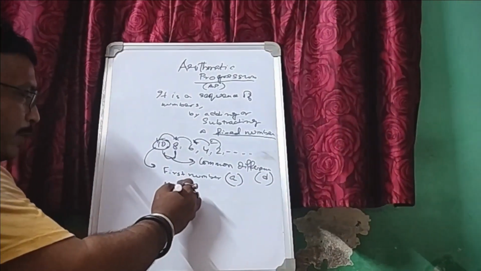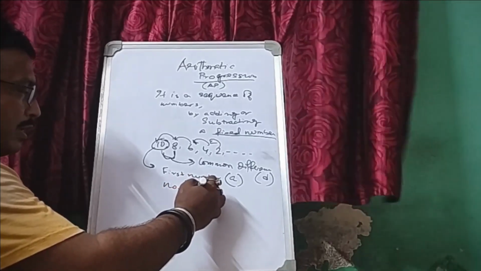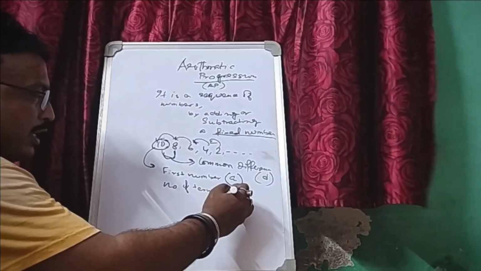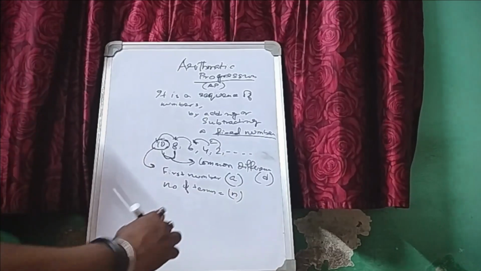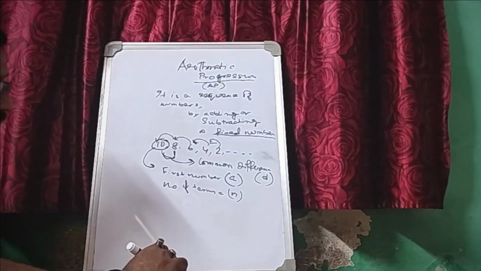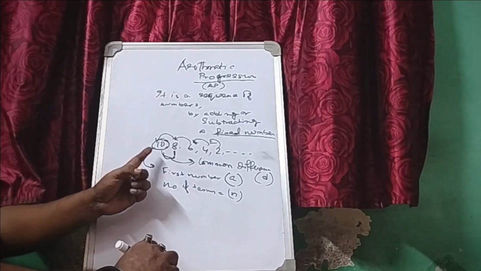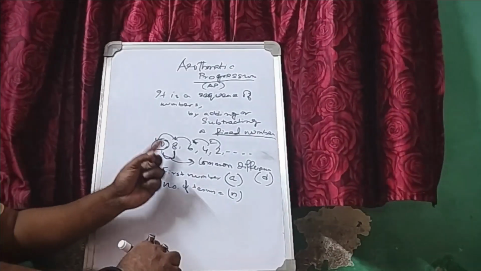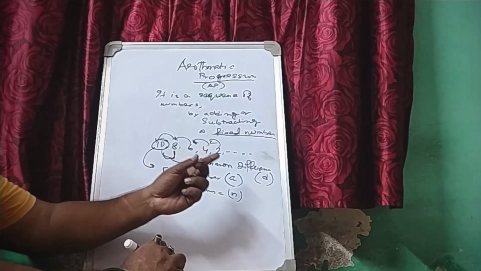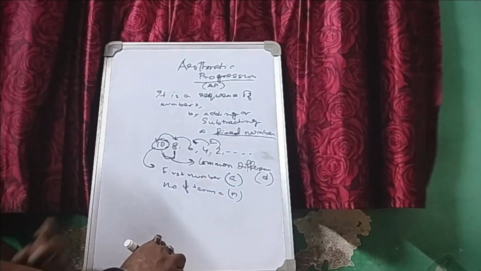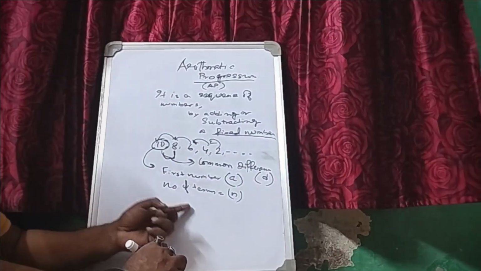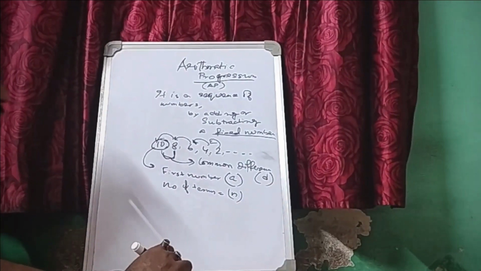And the number of terms is denoted by small n. These are the main basic terms. First number is called A. Difference between two numbers is called D. And the number of terms is denoted by n.